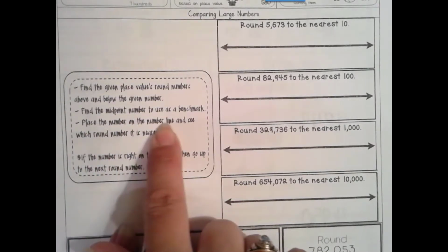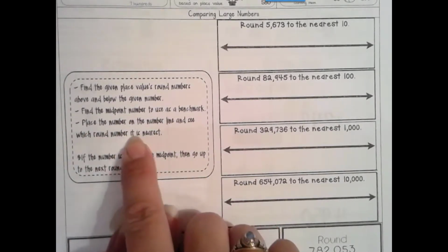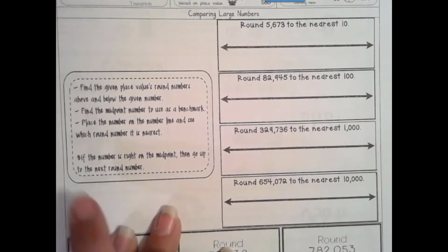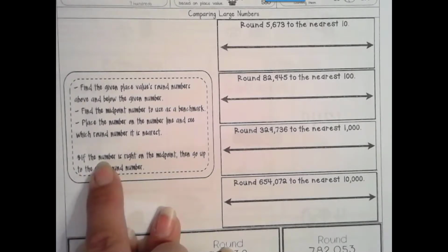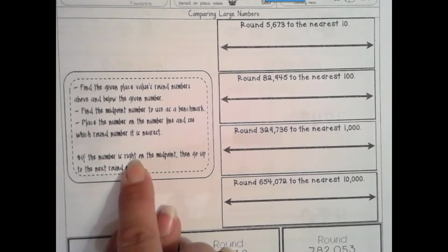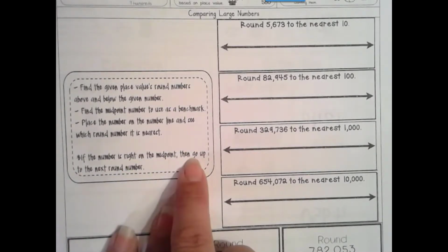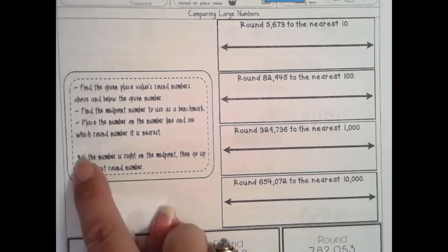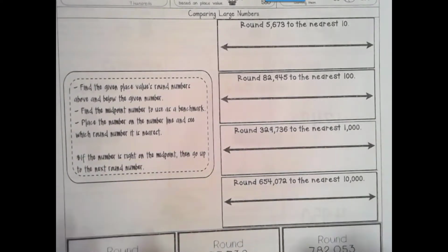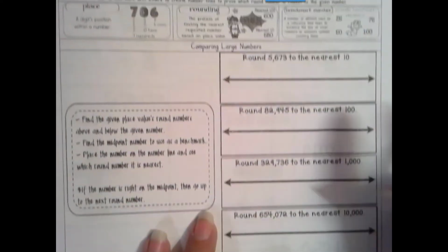Place the number on the number line and see which round number it is nearest. Okay, and we have a little star here, asterisk. If the number is right on the midpoint, then go up to the next round number. If it's right in the middle, it's actually equally close to both sides. So we just go ahead and round up.